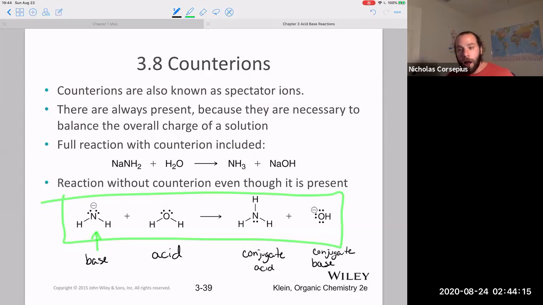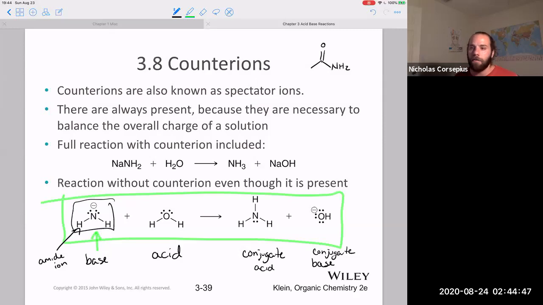Okay? However, you can never just have this type of ion all by itself. Like, you can't go to the back stockroom and pull out a whole bottle of what's actually called the amide ion, which is super annoying because that's different from the amide functional group that we learned about. I don't know why they decided to name them the same thing. It's one of those times that chemists are just cruel. But yes, this is the amide ion.